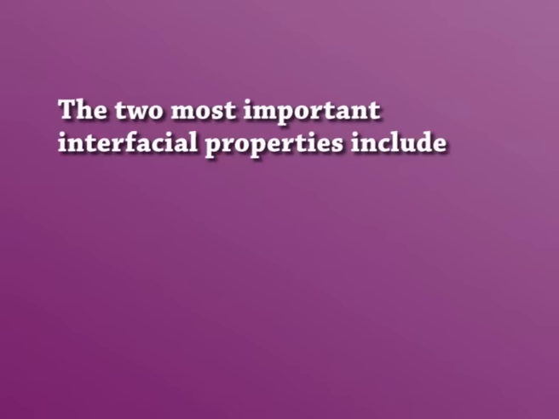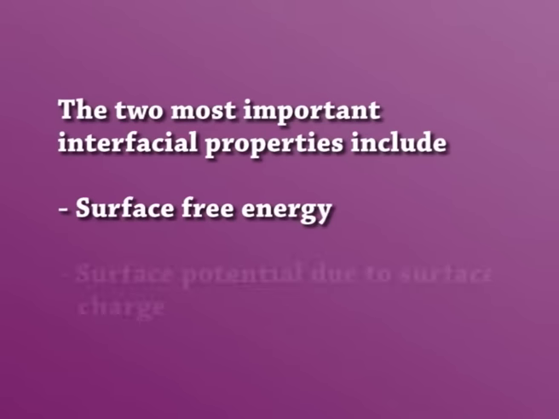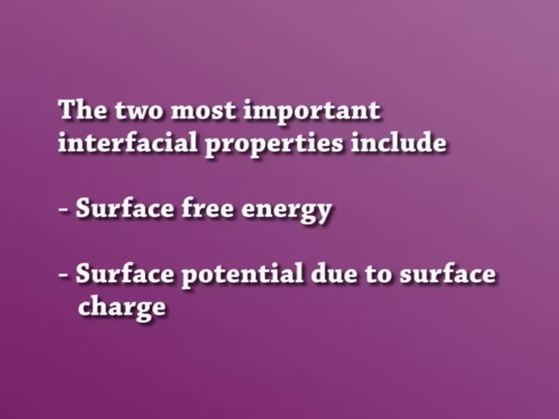The interfacial properties therefore play a vital role in modifying the physical characteristics of the dispersion. The two most important interfacial properties are surface free energy and surface potential due to the surface charge. Now we will look into those interfacial properties one by one in detail, because they are very critical and essential in suspension formulation.